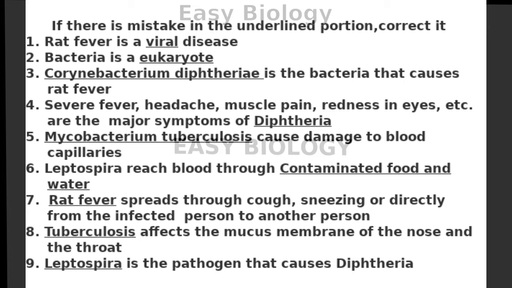Question number 6. Leptospira reaches the blood through contaminated food and water. Here the underlined portion is contaminated food and water. We know that Leptospira reaches the blood through wounds. So the answer is wounds.